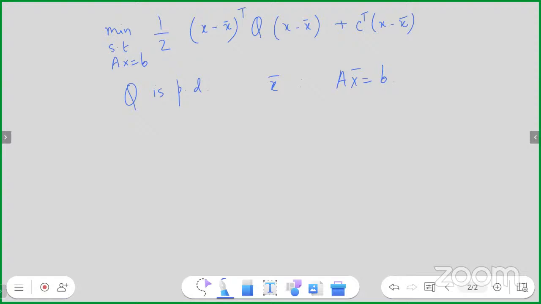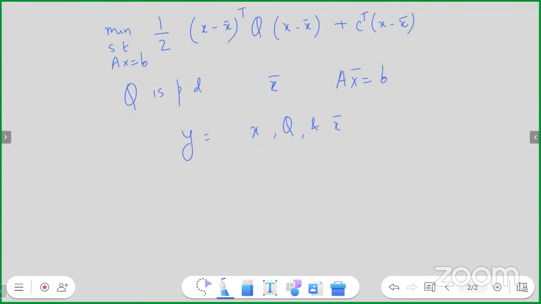So somehow you have to write, think of a new variable y, which is some function of x, Q, and x bar, where in y space you can express this problem as a minimization of something minus something whole square. That's the point.